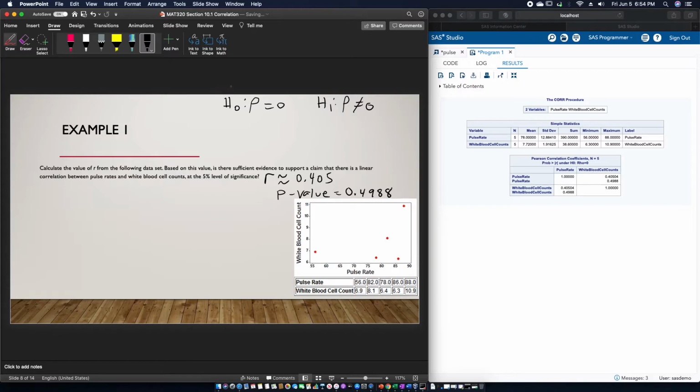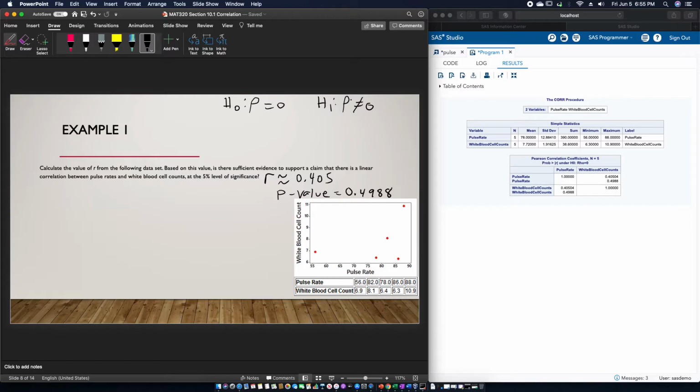Alright, so null hypothesis, correlation coefficient is equal to 0. Alternative, correlation coefficient is not equal to 0. Or we could just say no linear correlation, and a linear correlation. Just not written out in words.